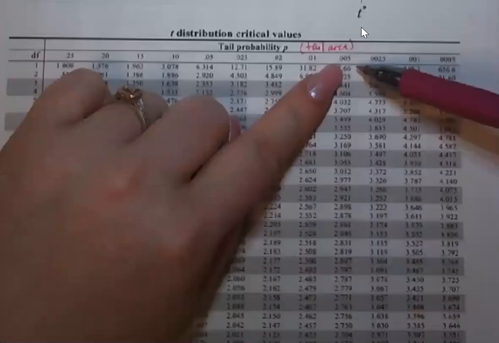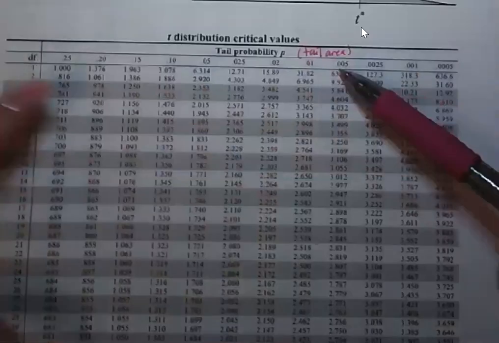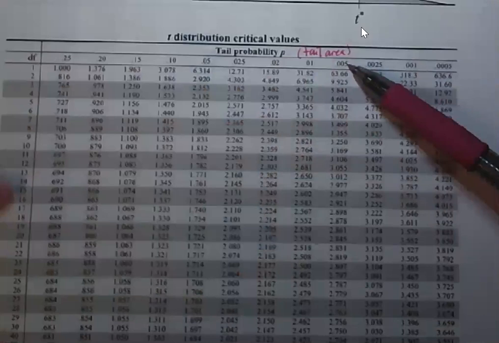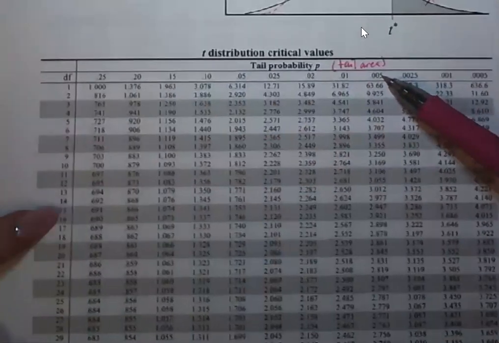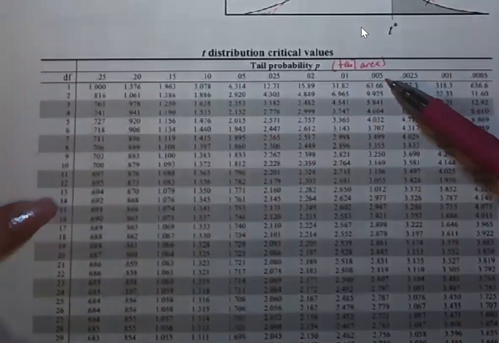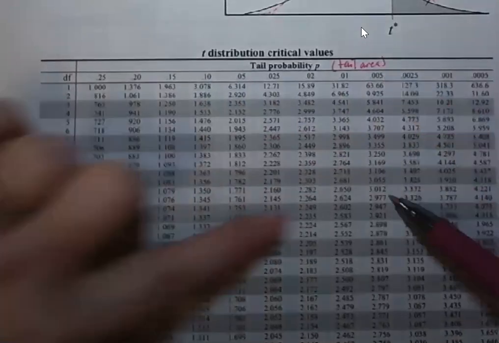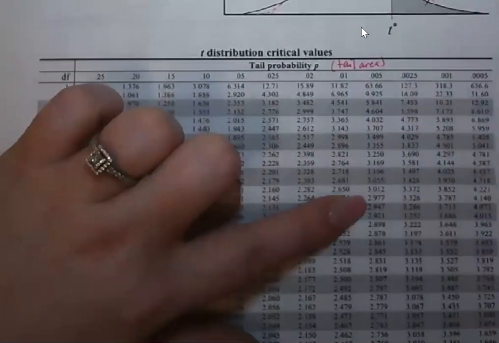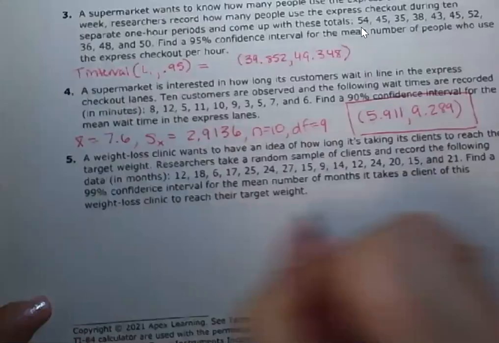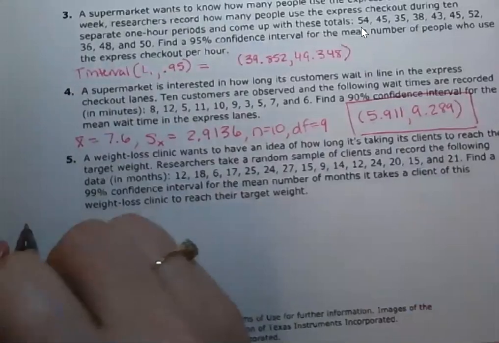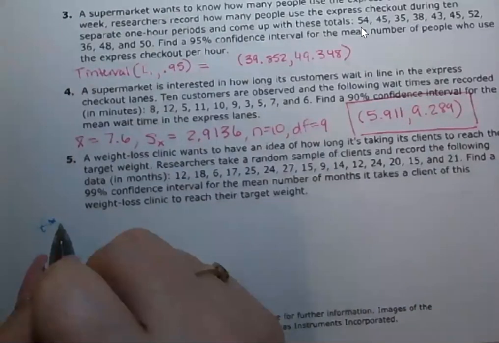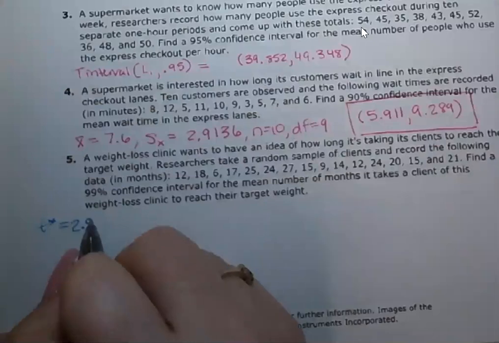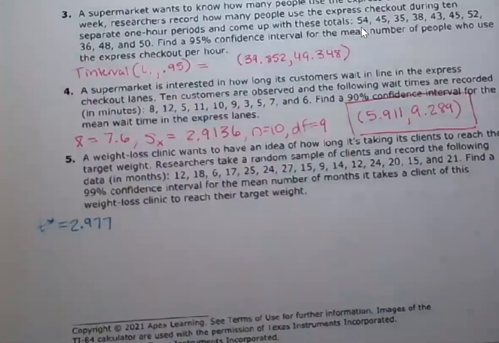And our degrees of freedom: our sample size was 15, so subtract 1 to get 14, and they meet right here. So our t-star is going to be 2.977. That's my first thing, and I'll use a different color for this one.